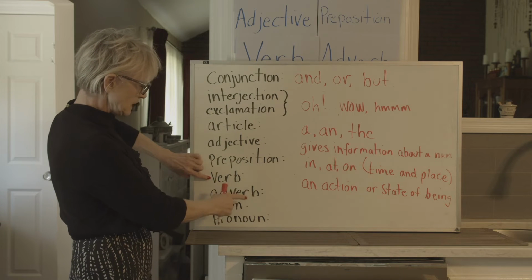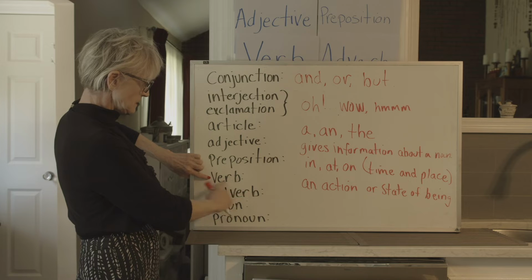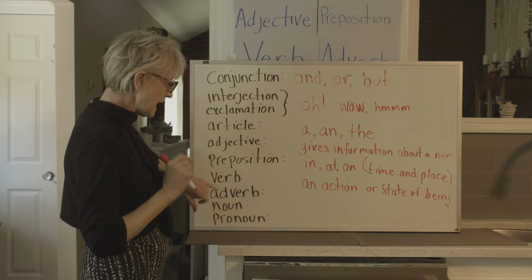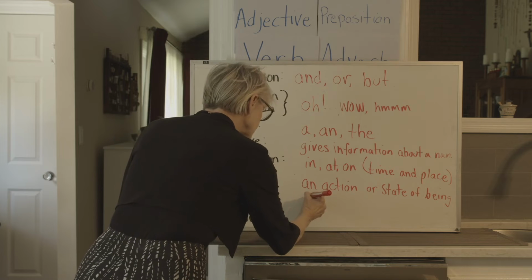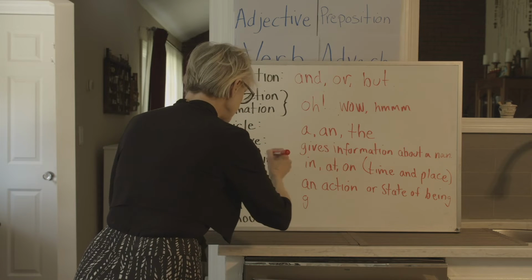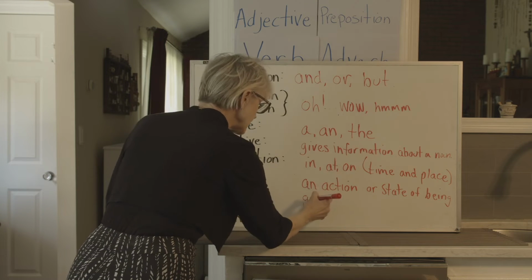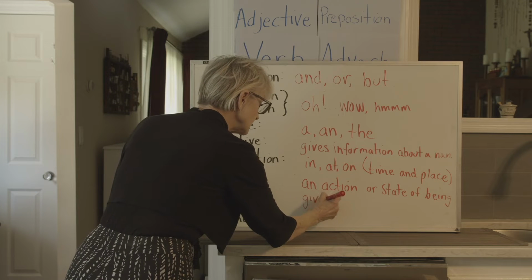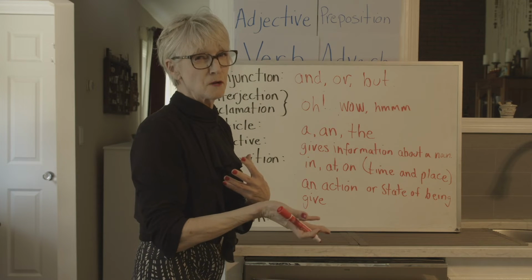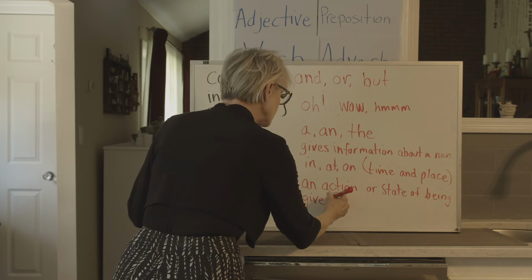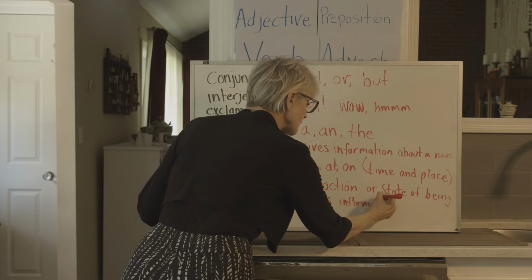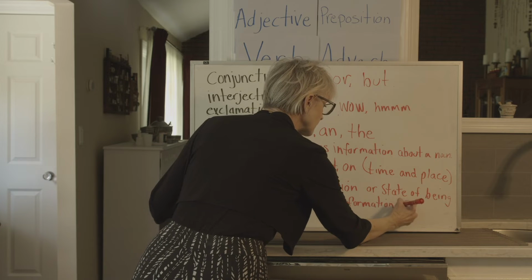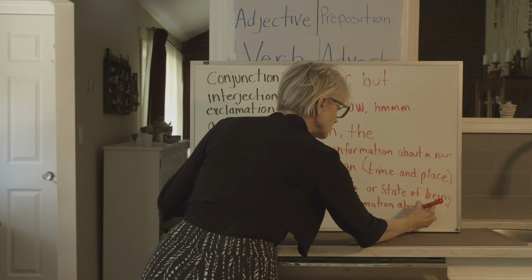Okay. An adverb. We have a verb and an adverb. So this is connected, yes? An adverb gives information about the verb. Just like the adjective gives information about a noun, an adverb gives information, or the other word is modifies, about a verb.